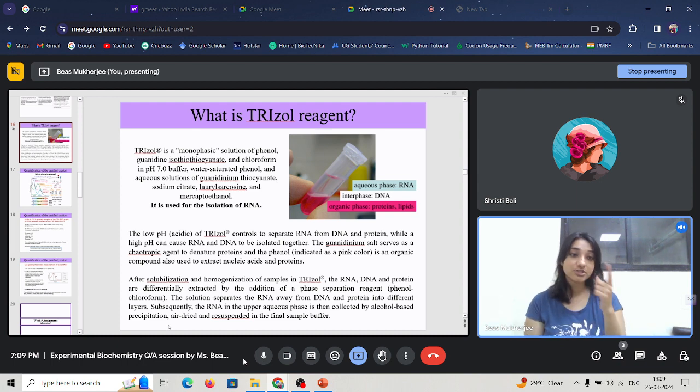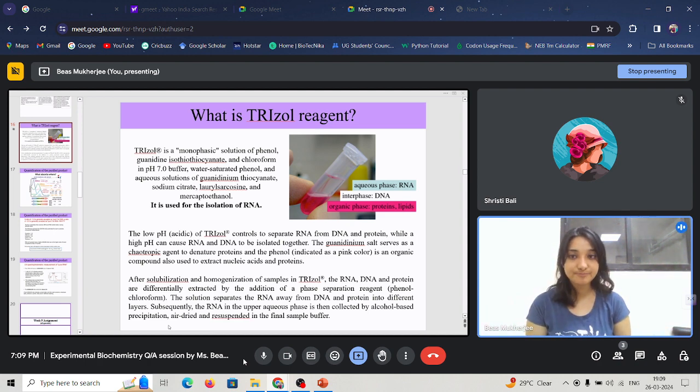For DNA isolation, we were using high pH. Remember? Now guanidinium salt serves as a chaotropic agent to denature proteins, and phenol, indicated in pink color, is an organic compound that is used to extract nucleic acids and proteins.